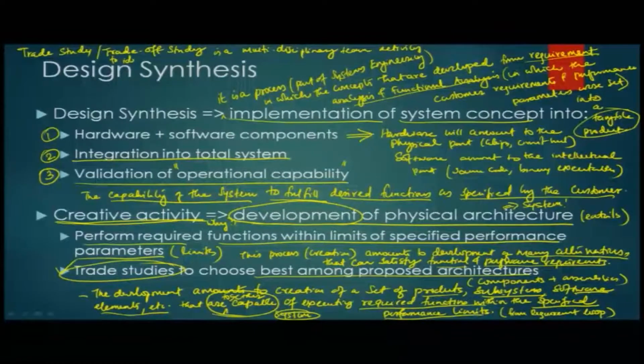To identify the most balanced technical solution from a set of alternatives. So, you have a set of alternatives from which you try to find out the most balanced technical solution, and it is also a multidisciplinary team activity. Remember, we have already mentioned why multidisciplinary teams are quite important in development in systems engineering.